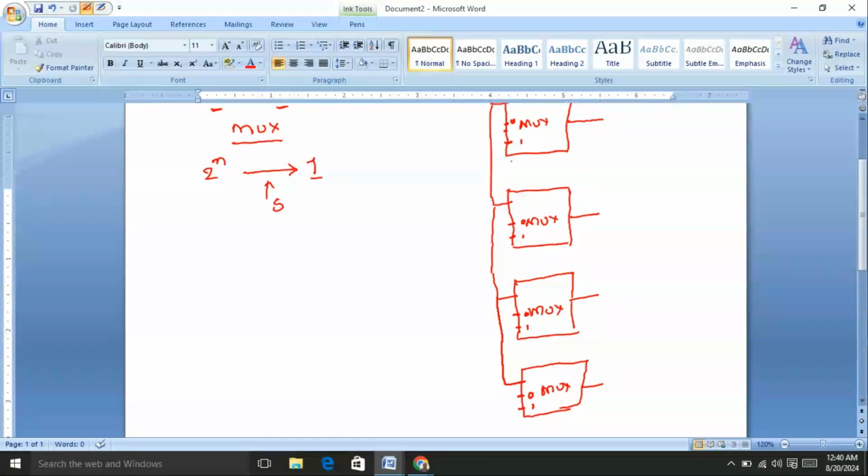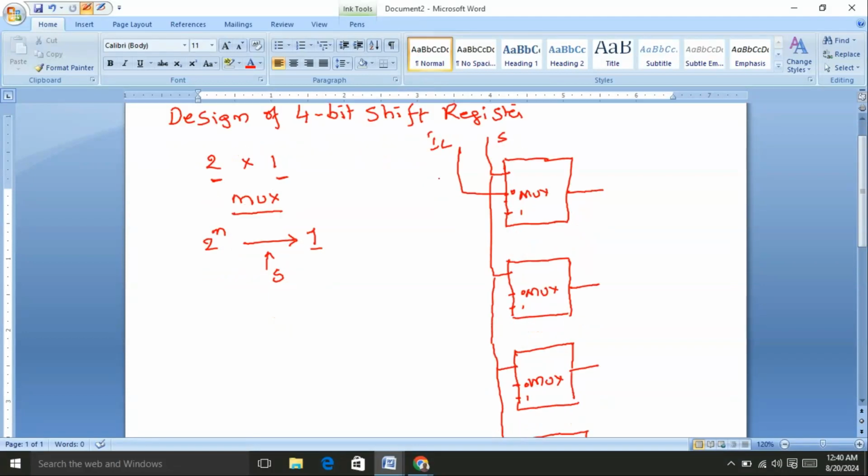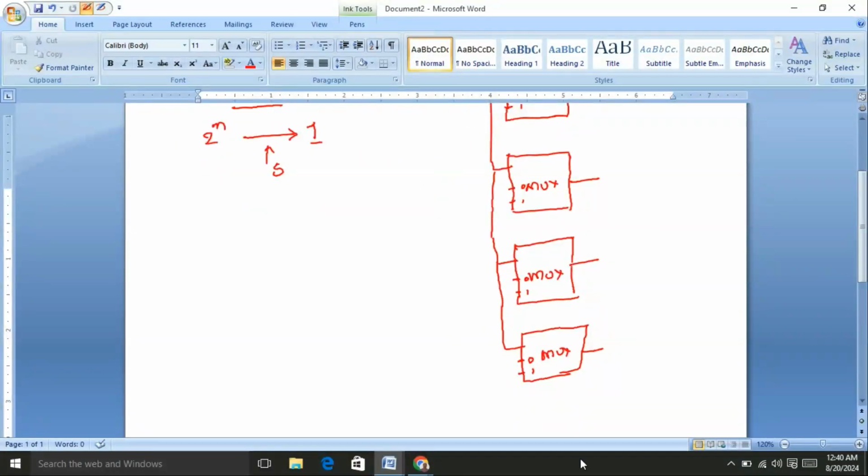And the topmost multiplexer is connecting the serial input of the left side. I am going to represent it as IL, and the bottom multiplexer has one of its inputs as the serial input of the right side.